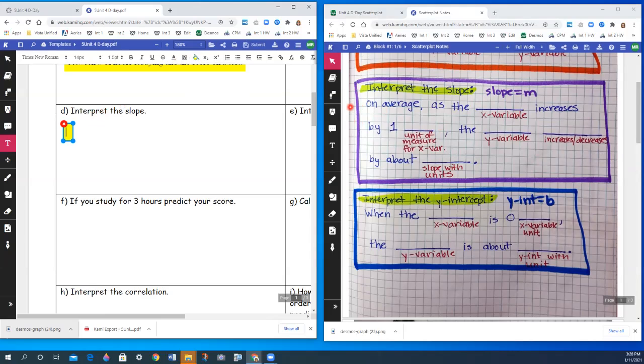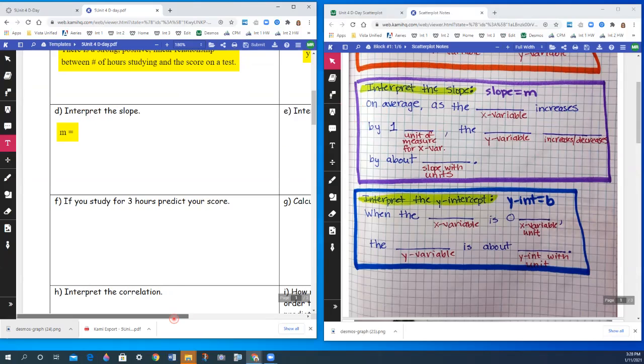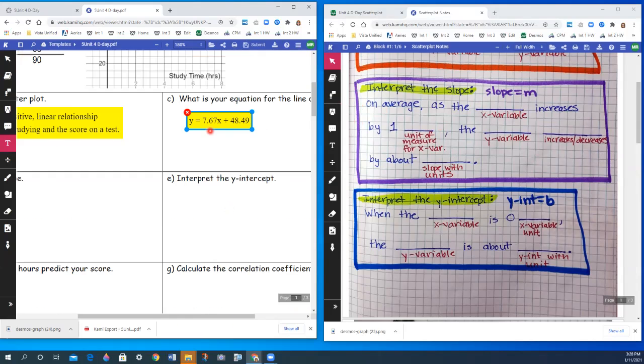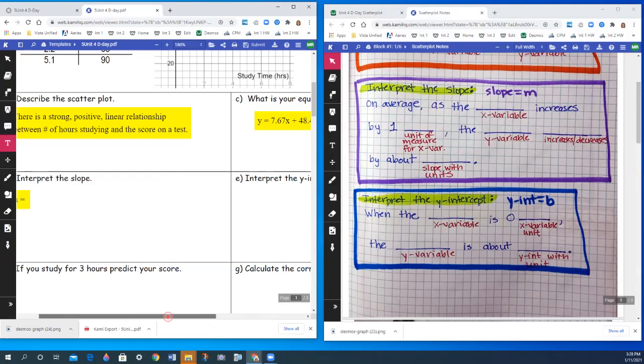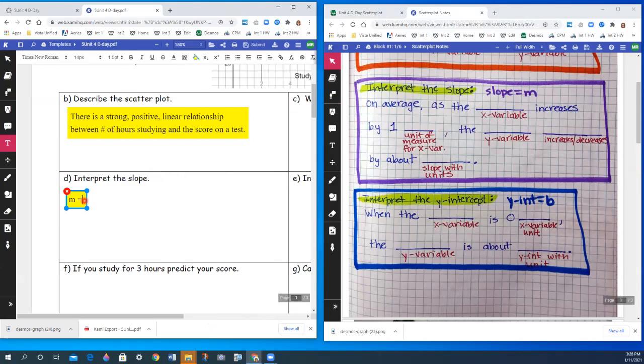I'm just going to put here what my M is just so I remember. My M is equal to 7.67. Okay, that's not my sentence frame. That is just so I remember what my slope is.